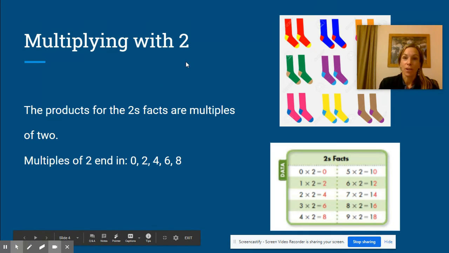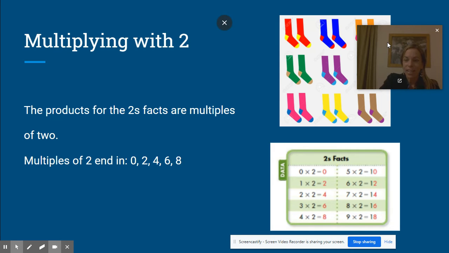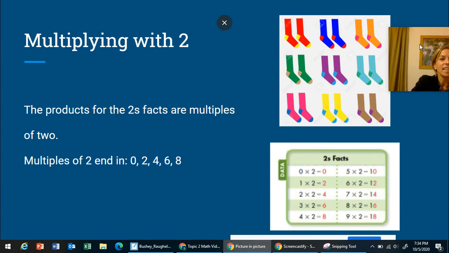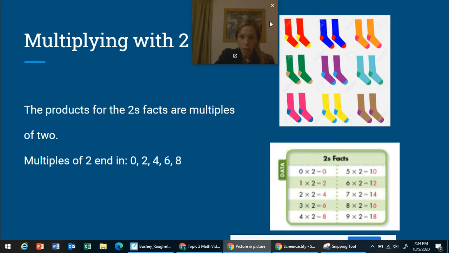So the first thing we're going to focus on now that we have talked about the vocabulary from this week is multiplying with 2. So everybody take a look here at these beautiful, wacky, colorful socks. So if you notice, I can easily see that they are in groups of 2. I could easily count these by 2.